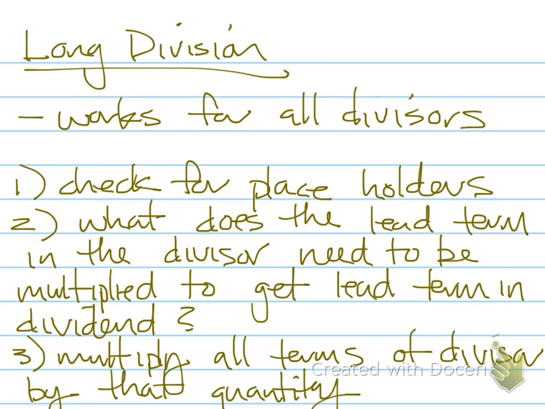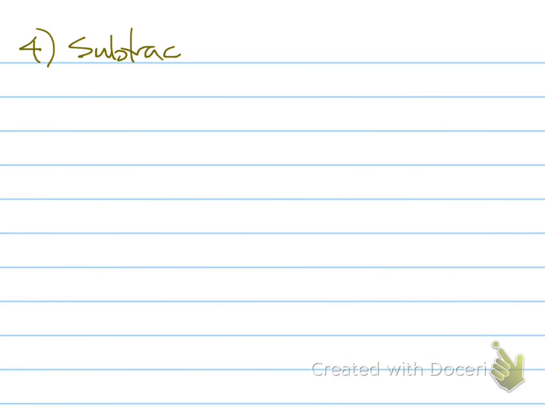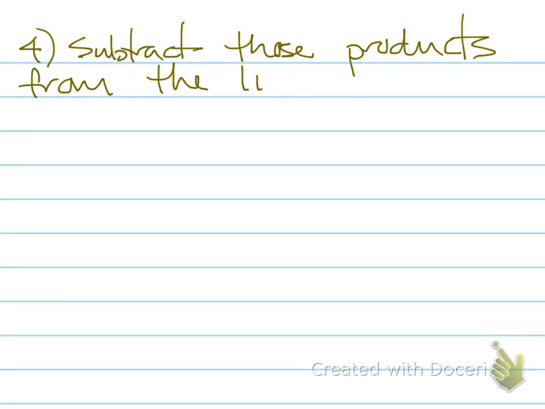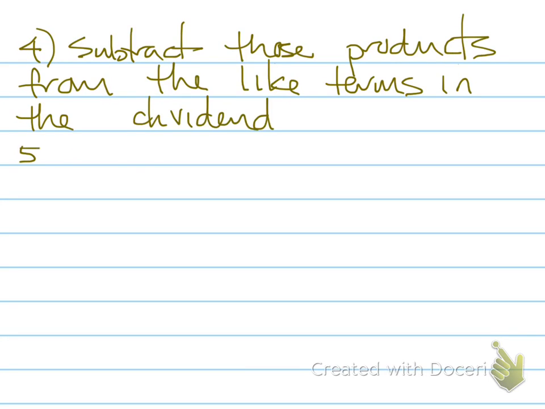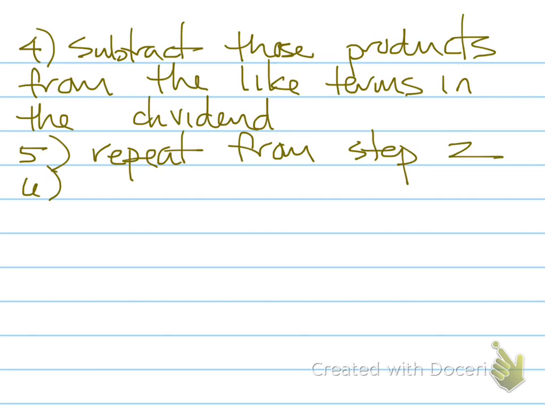And then you ask yourself, what does the lead term in the divisor need to be multiplied by to get the lead term in the dividend? And you multiply all the terms of the divisor by that quantity. Then you subtract those products from the like terms in the dividend.